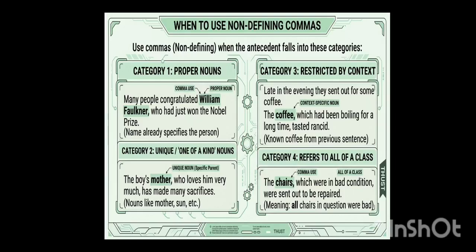The next category is refers to all of a class. For example, the chairs, which were in bad condition, were sent out to be repaired. This means all the chairs in question were bad and all were sent out.